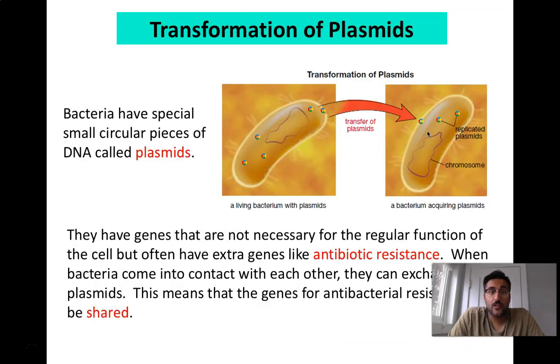Plasmids are these little circular pieces of DNA, and sometimes in that circular piece of DNA there's extra information which could lead to antibiotic resistance, and then they could transfer those plasmids to a different bacteria and then pass on the antibiotic resistance and antibiotic resistant genetics that way.